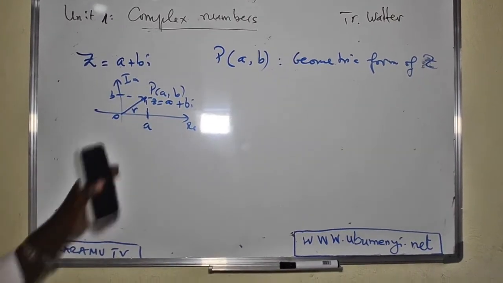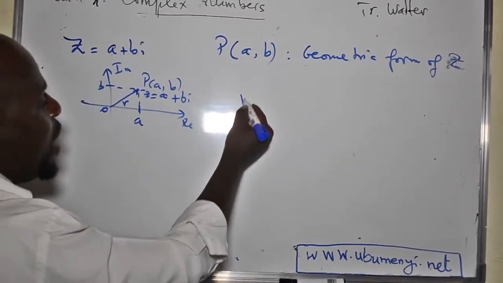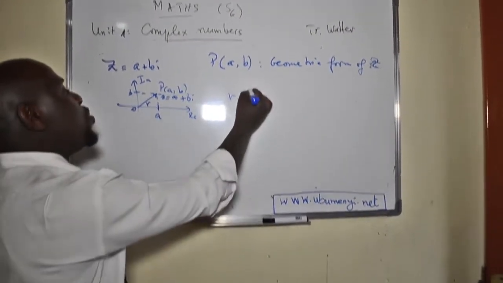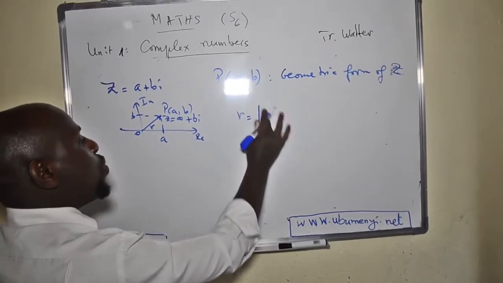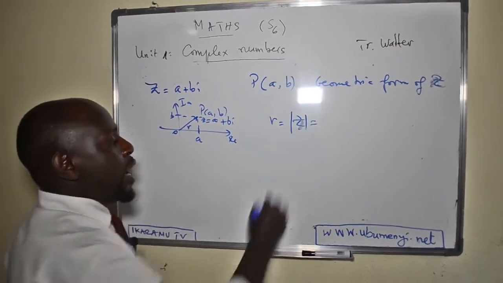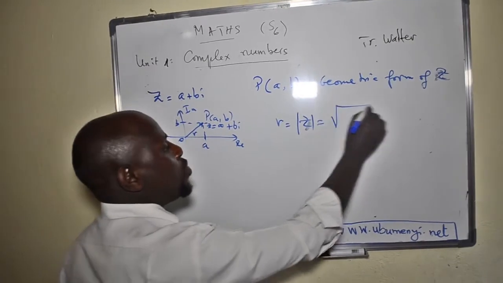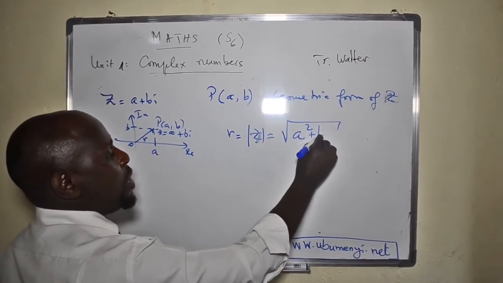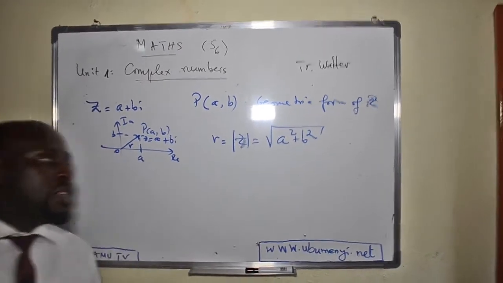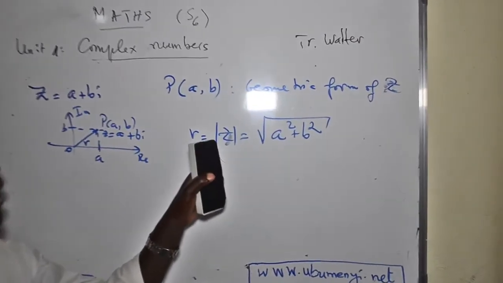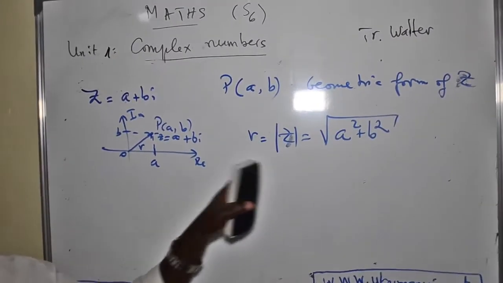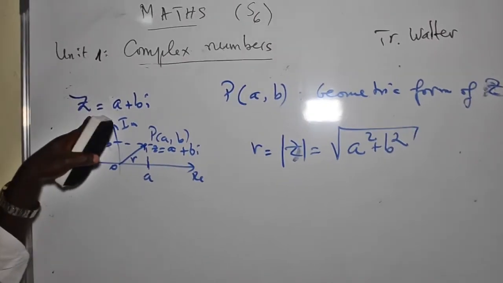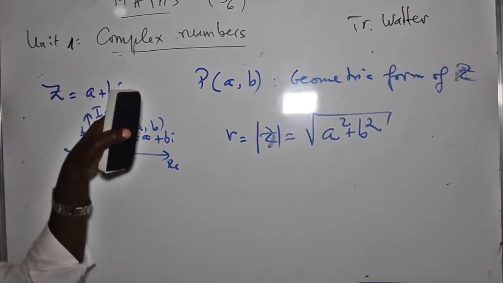We have seen that the modulus of z, or the absolute value of z, or r, equals the square root of the real part squared plus the imaginary part squared. This is how we have found the modulus or the absolute value of every complex number z, which is equal to a plus bi.